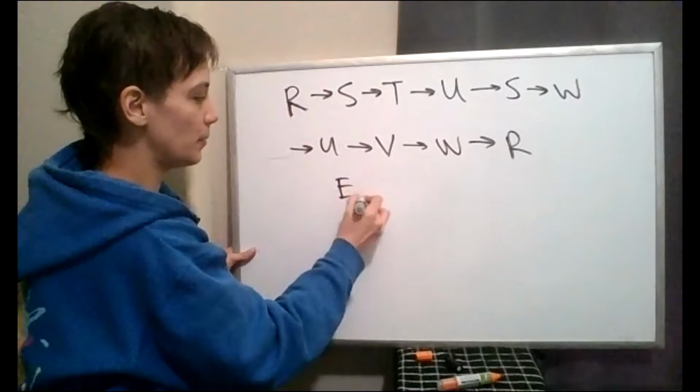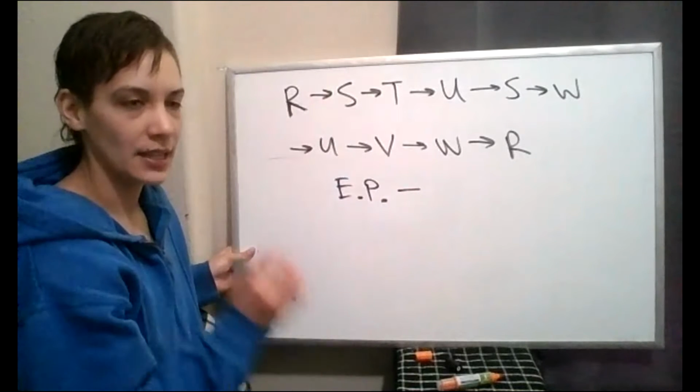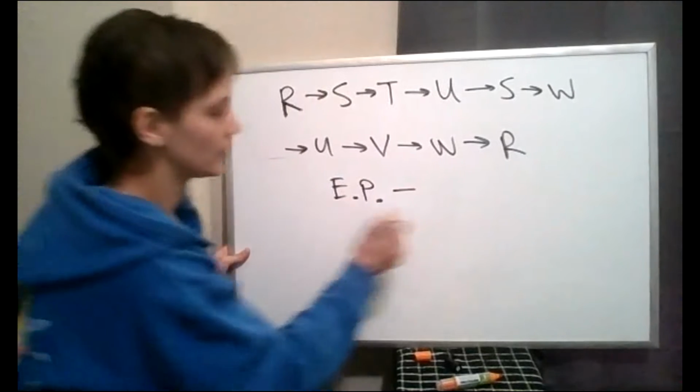For an Euler path, if you check the degree of the vertices and there's 2 odd, then you have an Euler path.